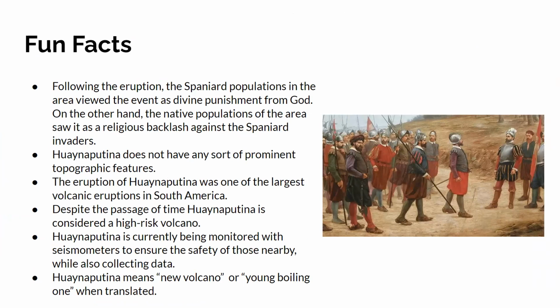Most of those were destroyed during the eruption, which was one of the largest eruptions of volcanoes in South America. And even though nearly 400 years have passed, Huaynaputina is still considered a high-risk volcano, which is currently being monitored by seismometers to ensure the safety of those nearby, while also collecting scientific data. And when translated, Huaynaputina means a new volcano or a young boiling one.